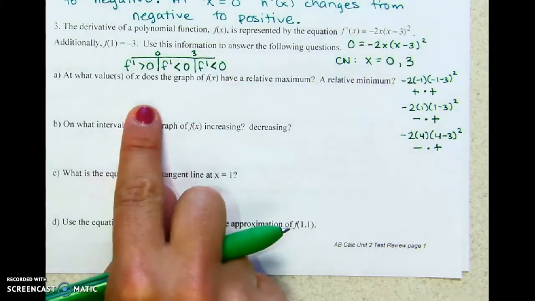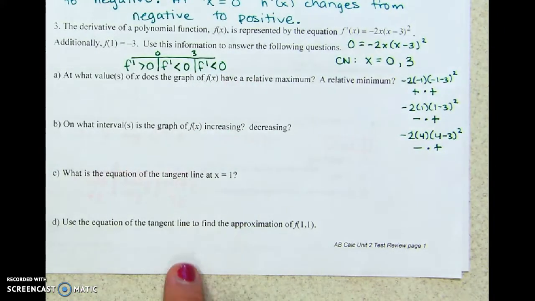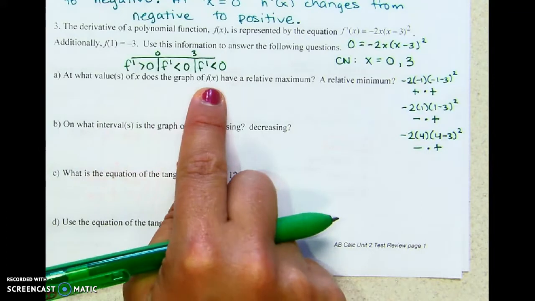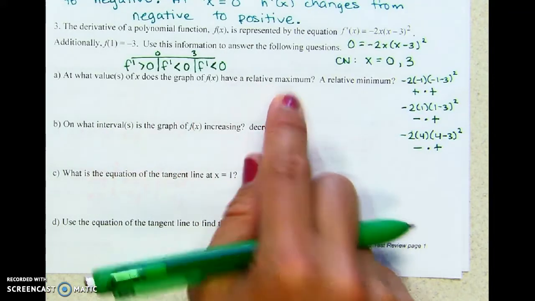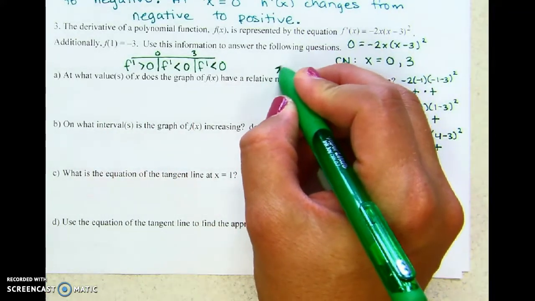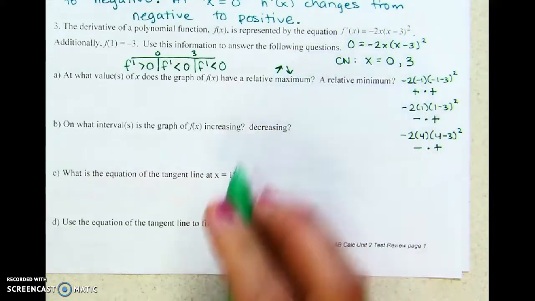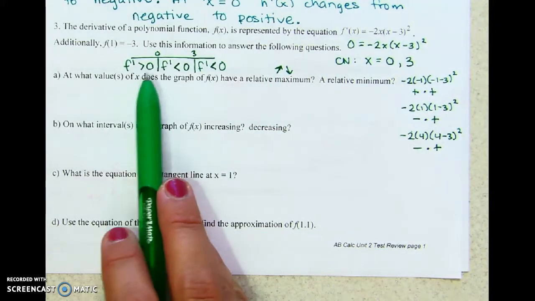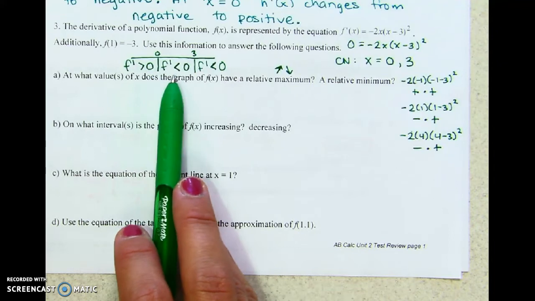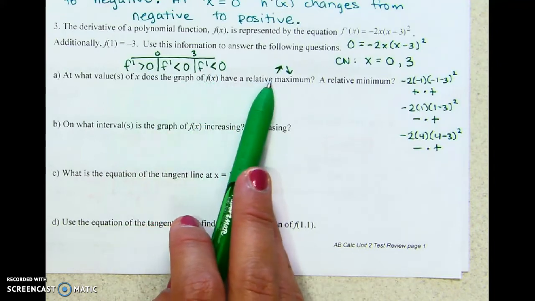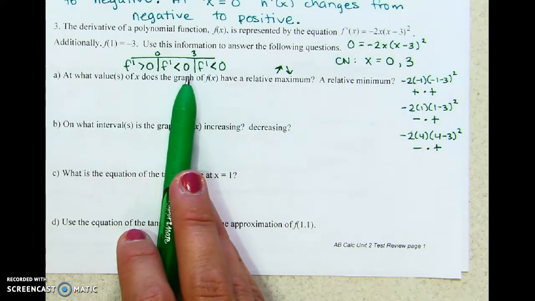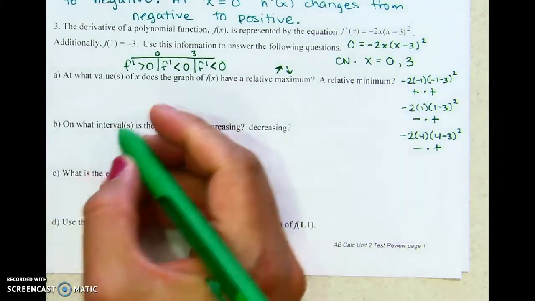Okay, there's our work. Now we get to answer the questions. At what values of x does f of x have a relative maximum? So a maximum will be when the derivative switches from positive to negative. Look at your chart. Does the derivative switch from positive to negative? Where does that happen? At 0.